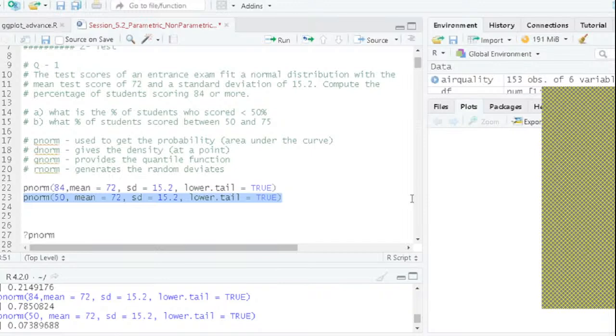So less than 50 was 0.074. Okay, very good.